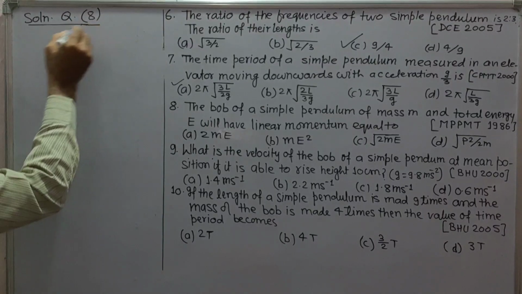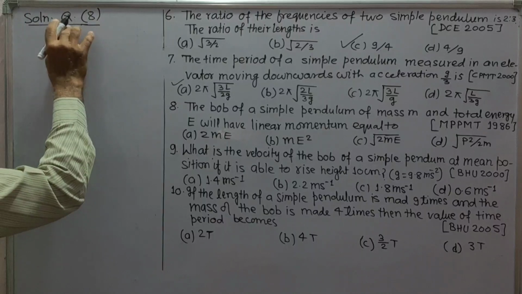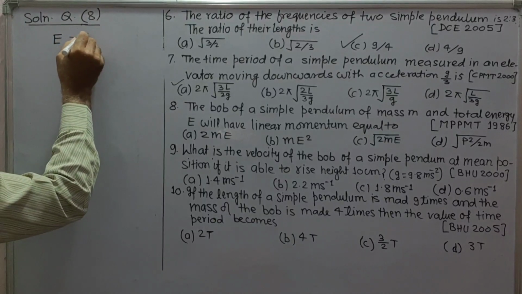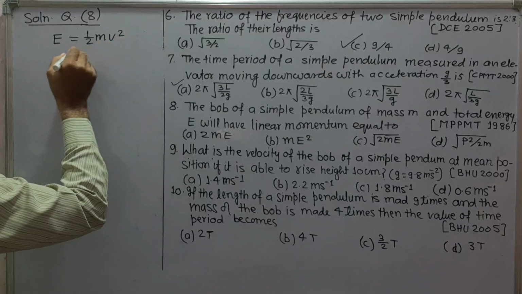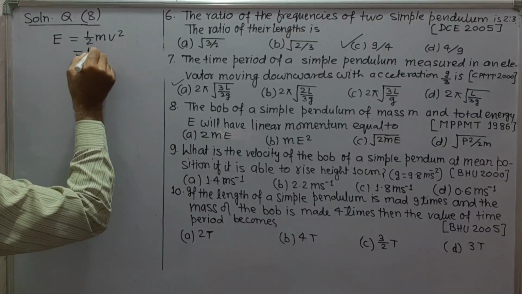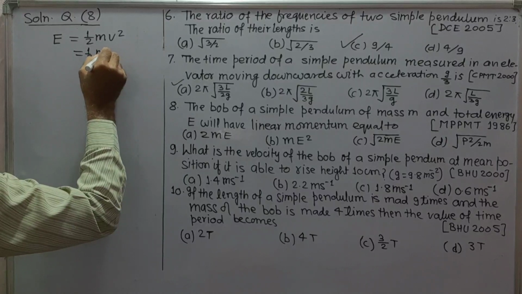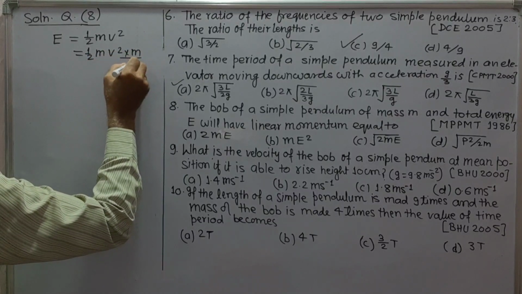We know kinetic energy E is equal to 1 by 2 mv square, which can be written as 1 by 2 mv square into m upon m.